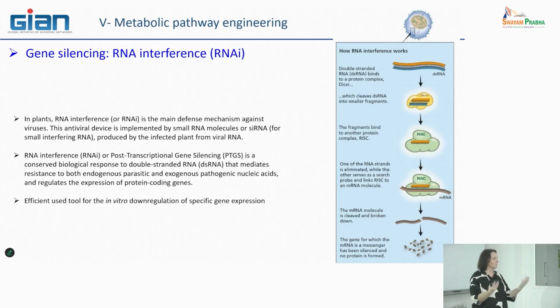So you can increase the probability that this complex could find any mRNA that shares a little sequence with the small pieces that are in this system.